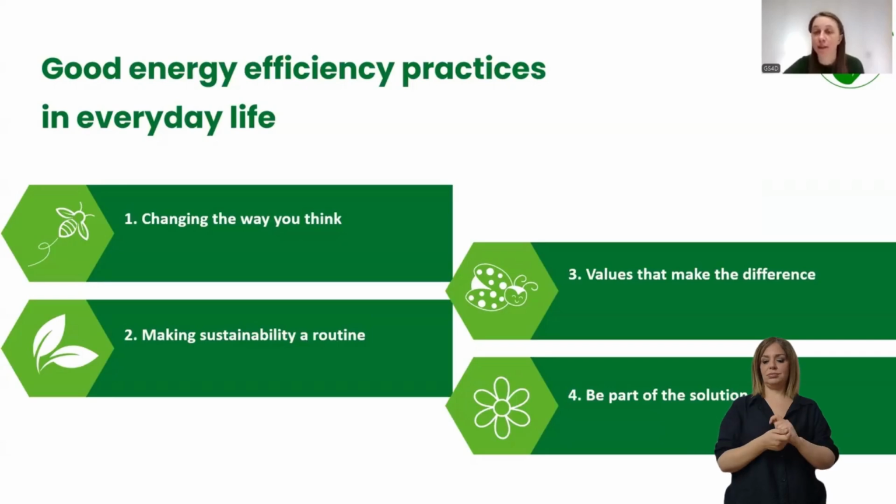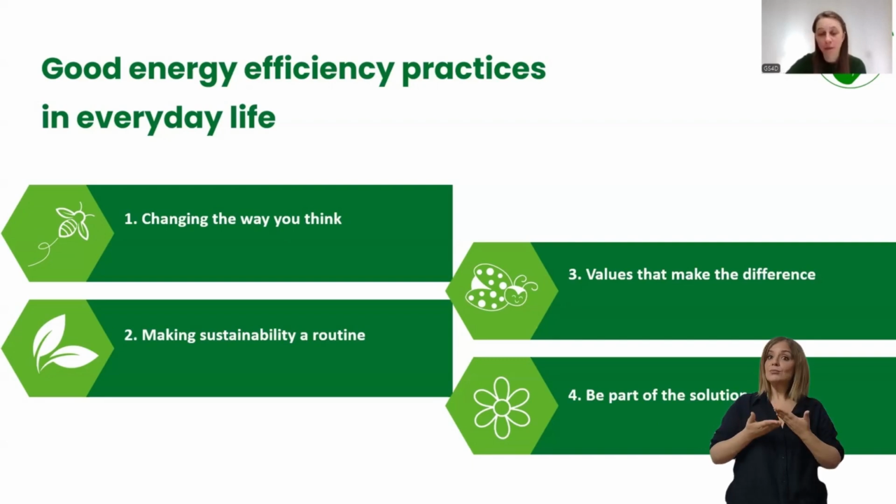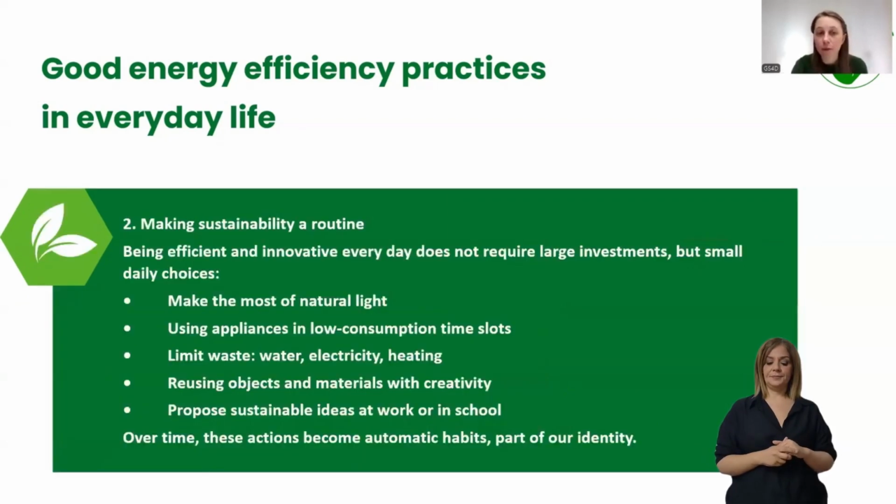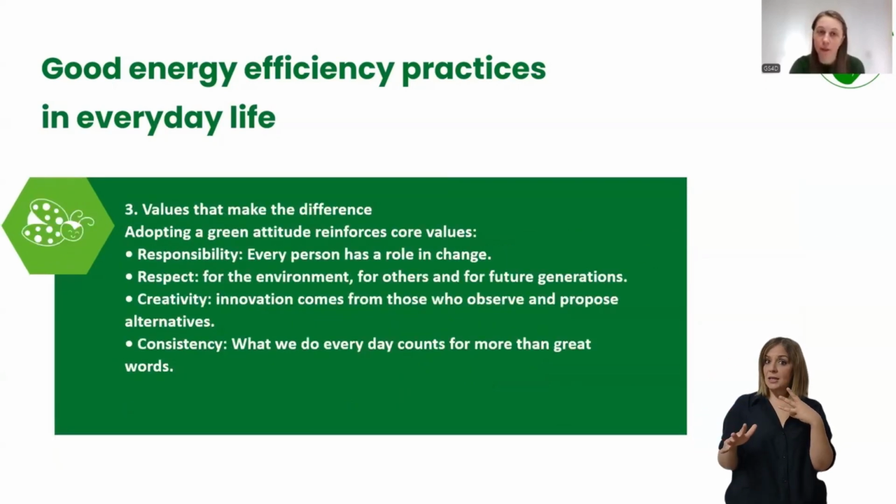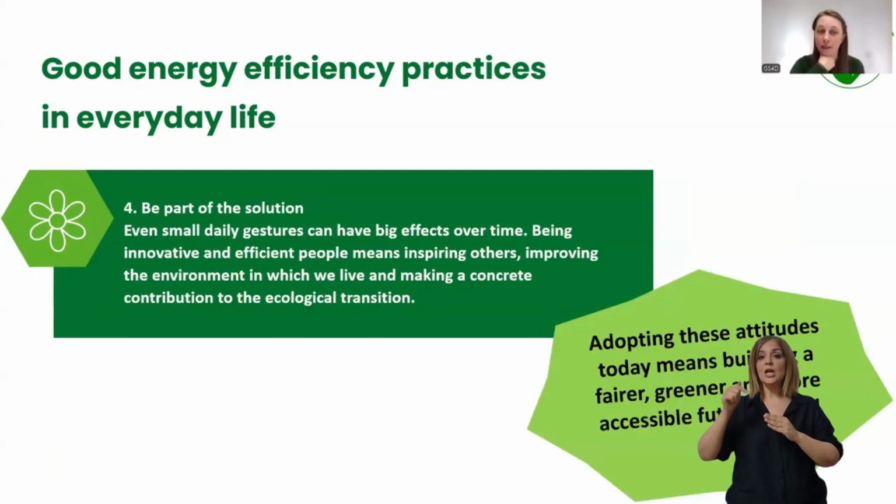And the values that can make a difference are mainly being respectful of people and of the environment, and having responsibility for what we do, for the actions that we put into practice. And fourth, be part of the solution. We have almost covered the first three, which are the everyday practices. Let's talk about this last one.